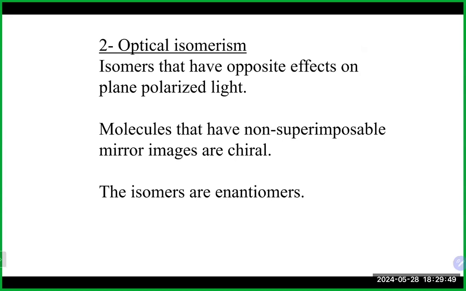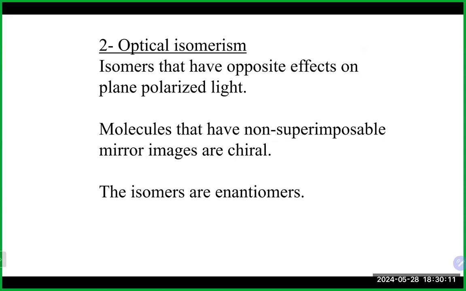Now, optical isomers have opposite effects on plane polarized light. There are molecules that have non-superimposable mirror images, and those are sometimes referred to as chiral molecules. These isomers are also referred to as enantiomers, which are chiral as well. So what does that mean?